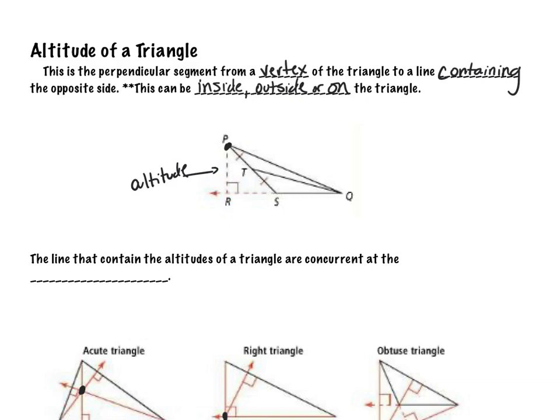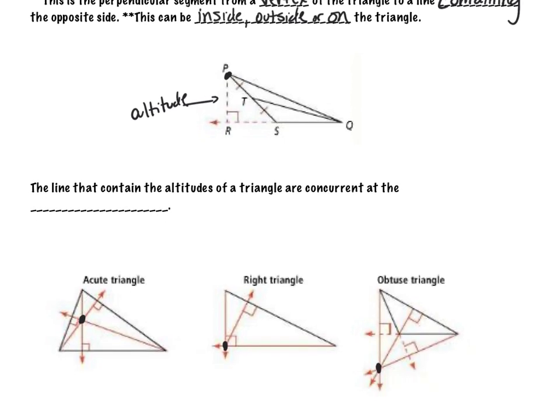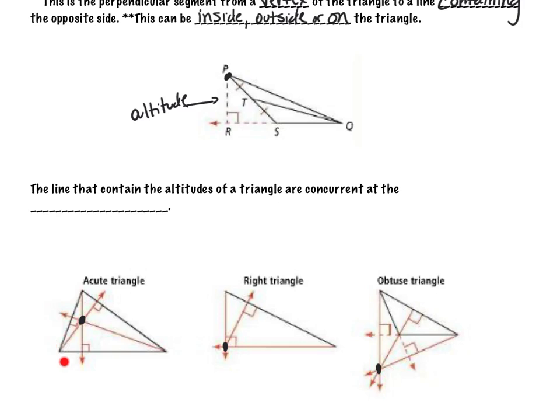So that's what they mean by the line containing. Sometimes it's going to extend a line, and they'll show it by that dotted part. Other times, like if you look down here, in an acute triangle, they're on the side of the line.